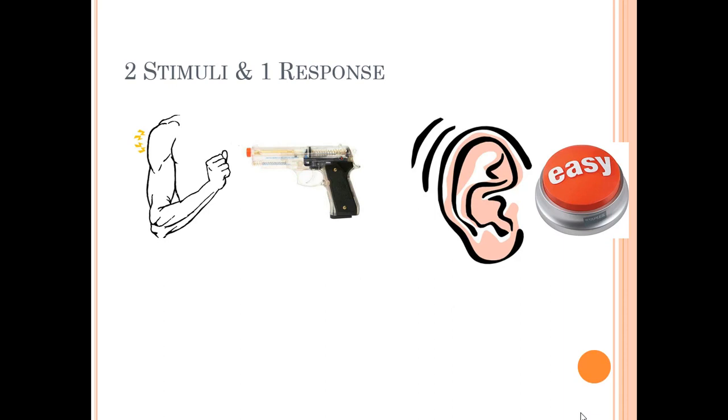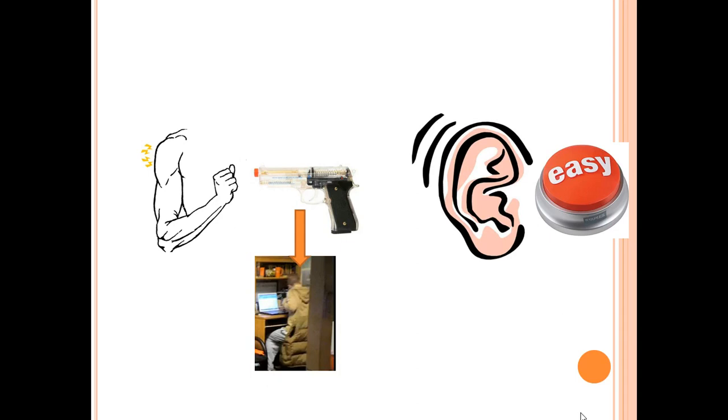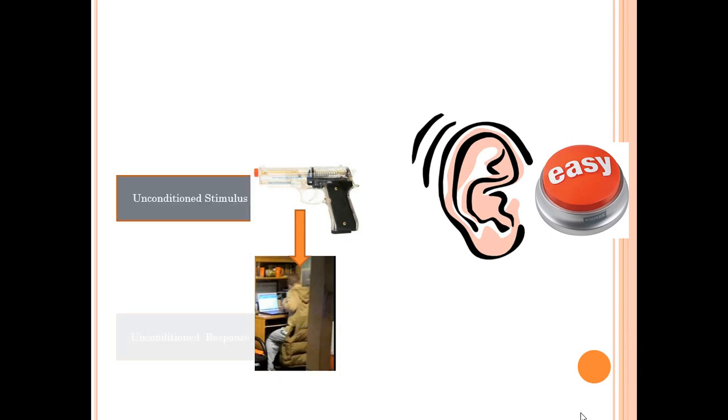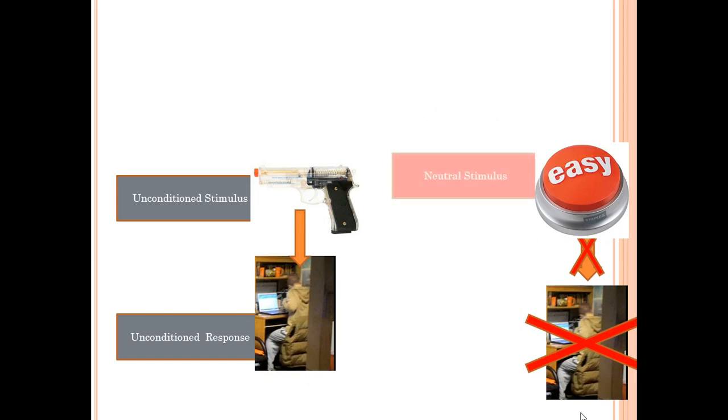But only one of them gives you a response, or the response normally. Being hit by the airsoft gun pellet creates the flinching effect that Dave is looking for. The easy button doesn't do that, not naturally. And so, therefore, the easy button is our neutral stimulus.